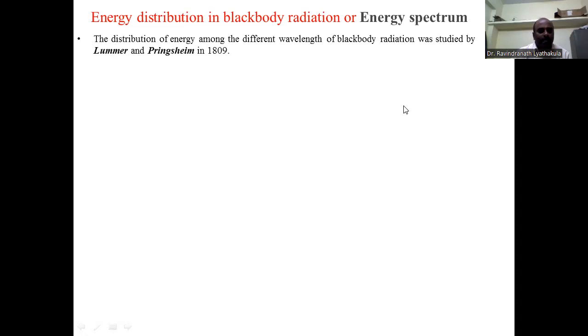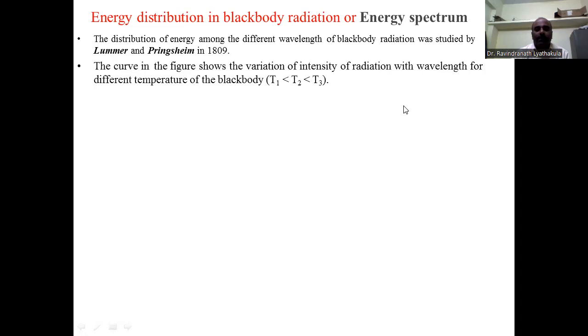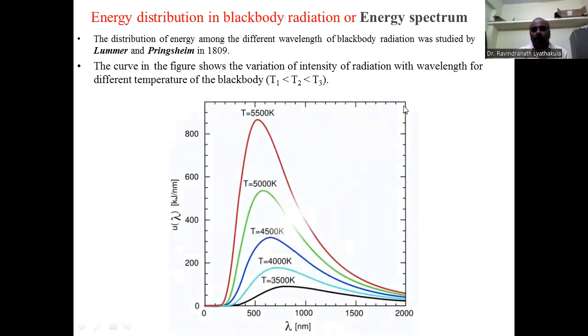The distribution of energy among the different wavelengths of black body radiation was studied experimentally by Lummer and Pringsheim. The curves in the figure show the variation of intensity for different temperatures of the black body.